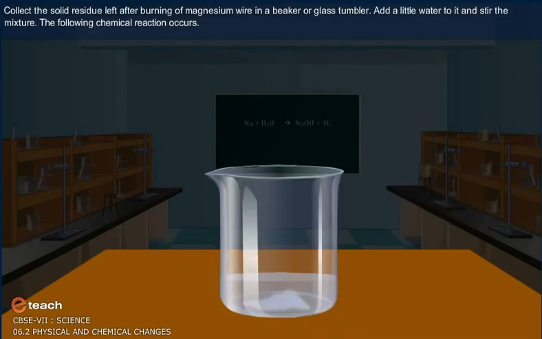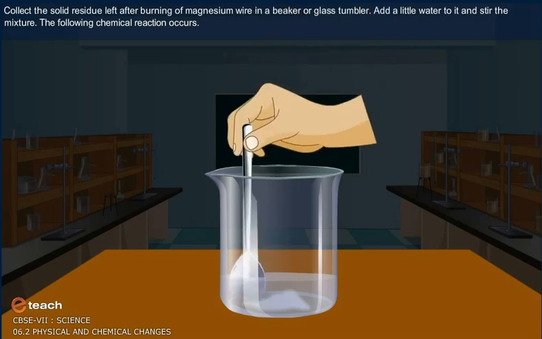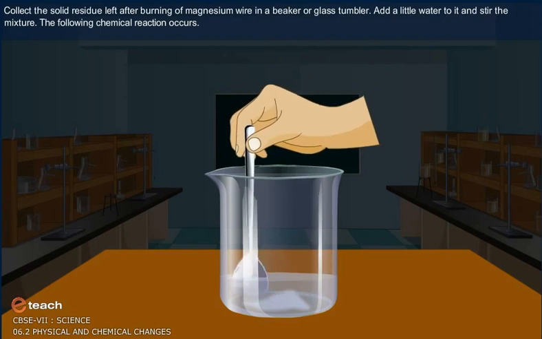Collect the solid residue left after burning of magnesium wire in a beaker or glass tumbler. Add a little water to it and stir the mixture.